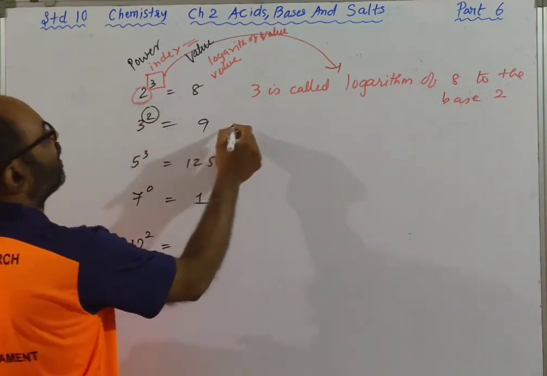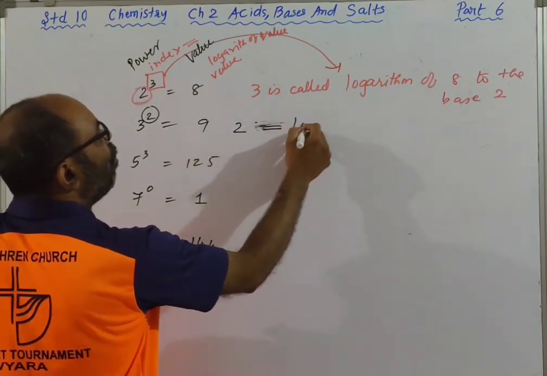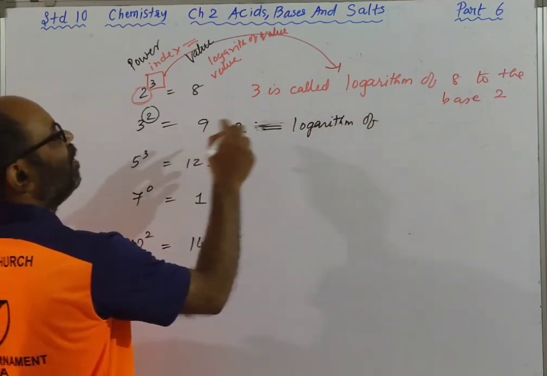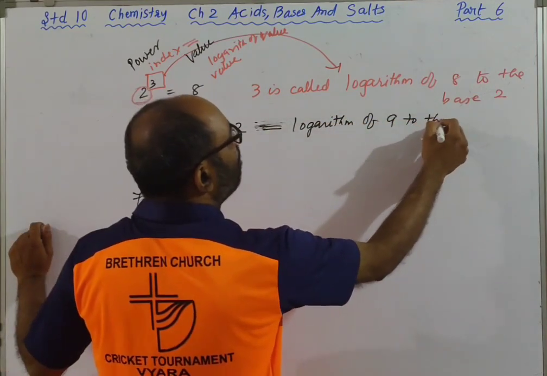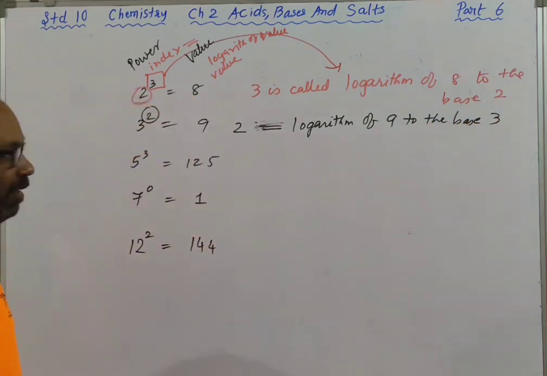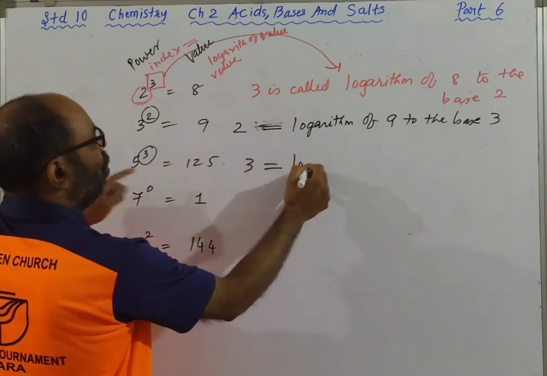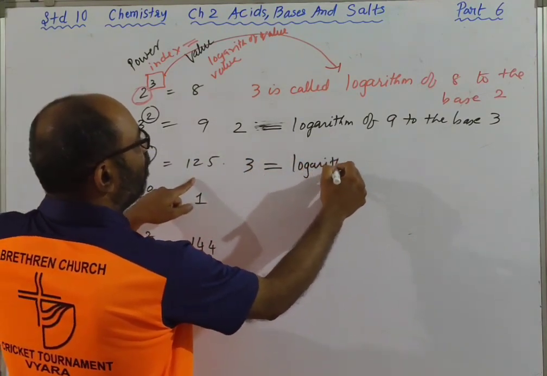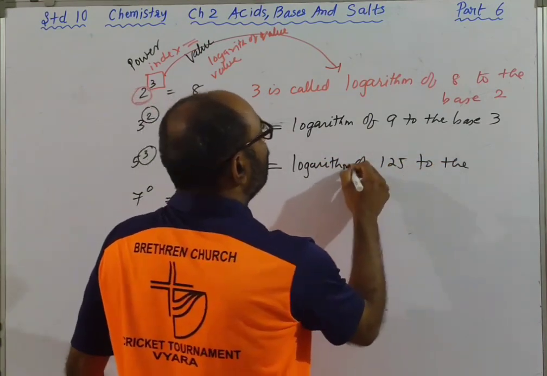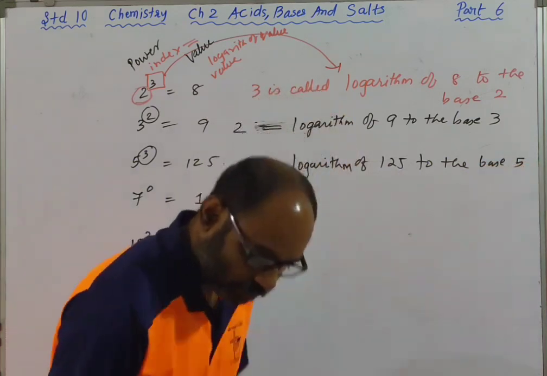Mathematicians said this index 2 is equal to logarithm of the value 9 to the base, whatever the base is, 3. All right. Thus 3 is equal to logarithm of 125 to the base, what is the base? 5.